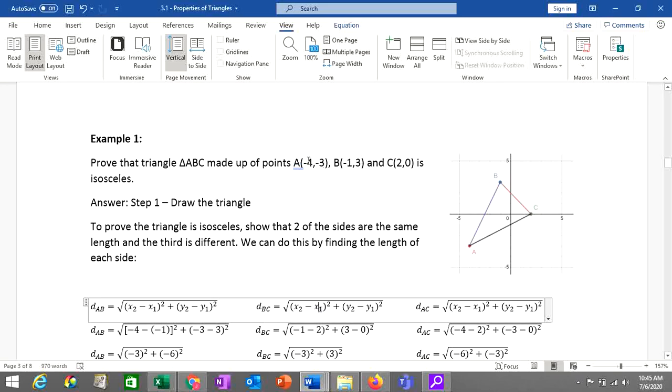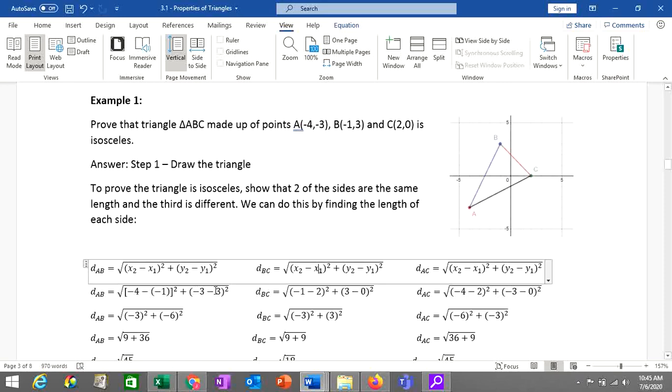So x2 will be -4 minus x1, -1. So that'll be -4 minus -1. Be careful with your negative signs here. Keep track of all of them because, as you're hopefully aware, when you combine these 2 signs, you're going to get a positive. So this is really just the same as -4 plus 1. Okay, -3 minus 3. So that's going to be your y coordinates.